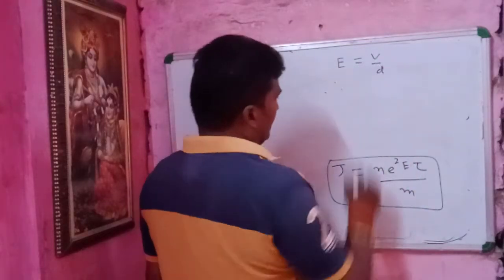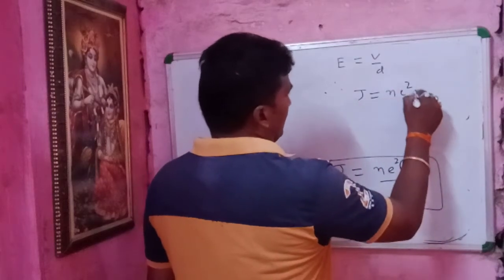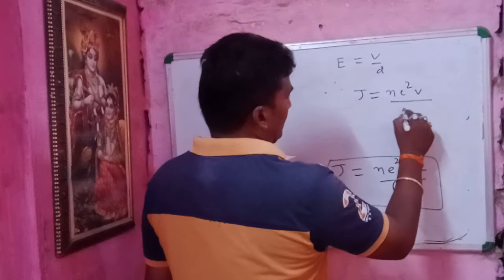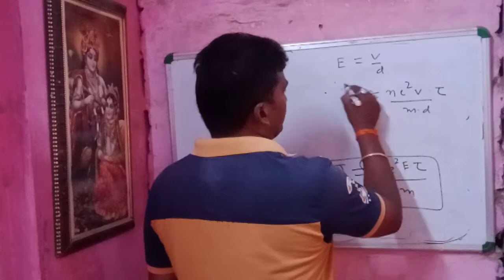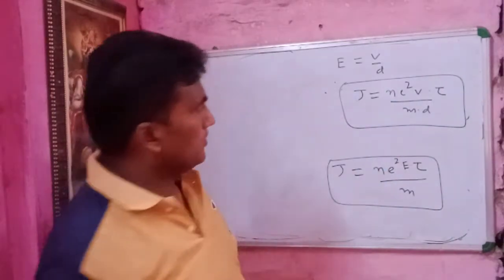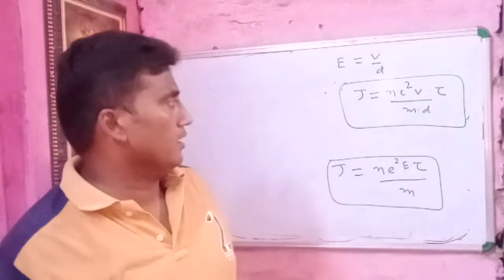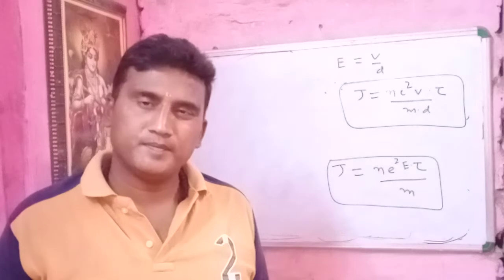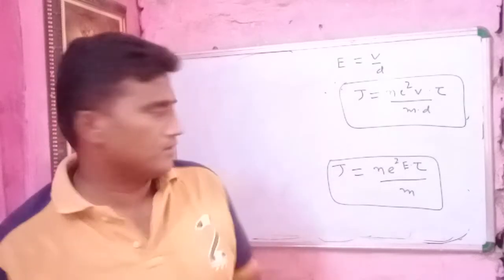Therefore, J is equal to n e square V by d, which can also be written with m into tau. The new relation is stabilized for the current density in terms of electric potential, relaxation time and the number of charge carriers.